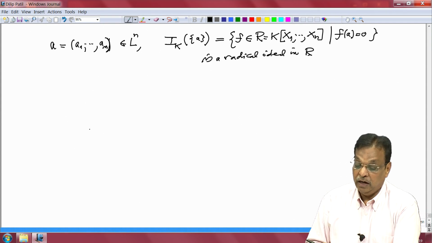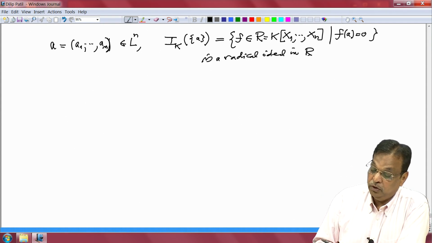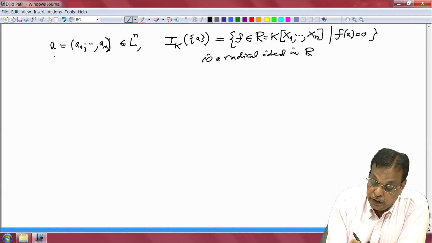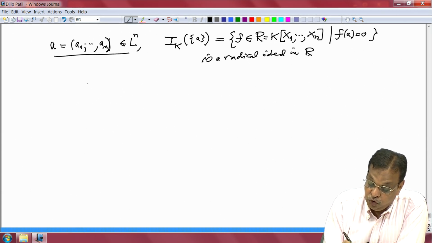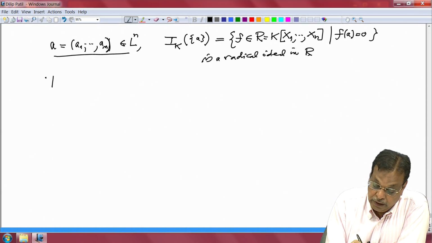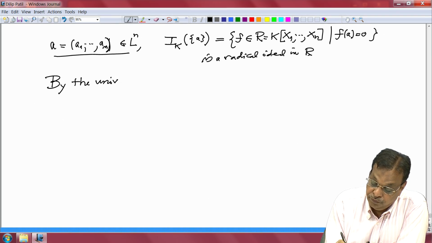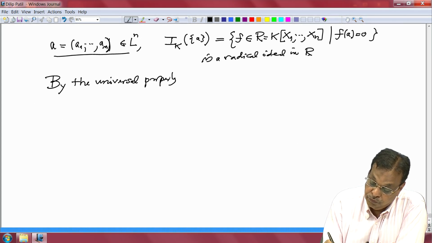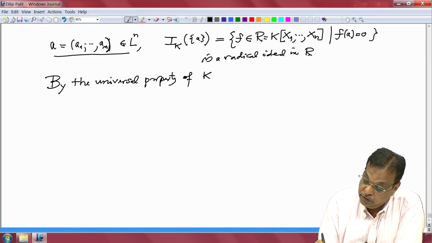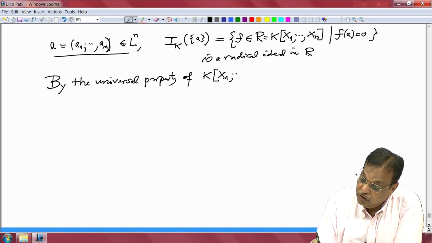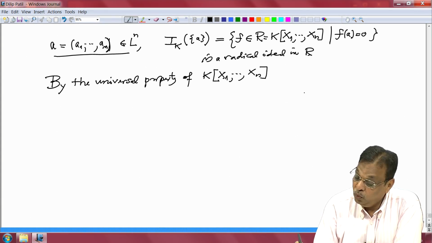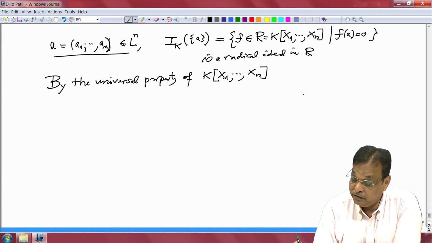So this is an ideal in R, and how can one think about this ideal? Given this point in L^n, if you use the universal property of the polynomial algebra K[x_1, ..., x_n], we can define an algebra homomorphism from this to any other K-algebra by assigning given values on the variables x_i.